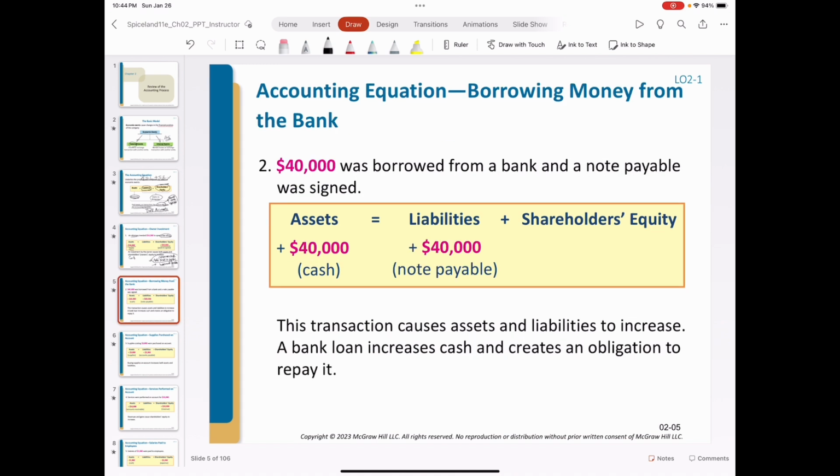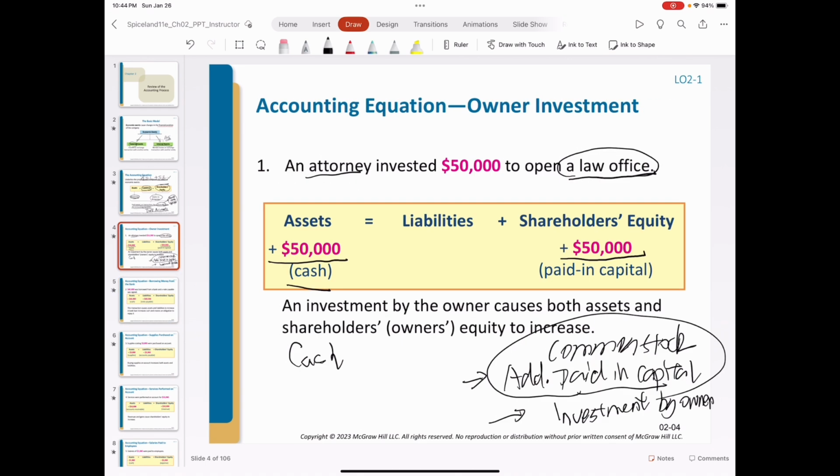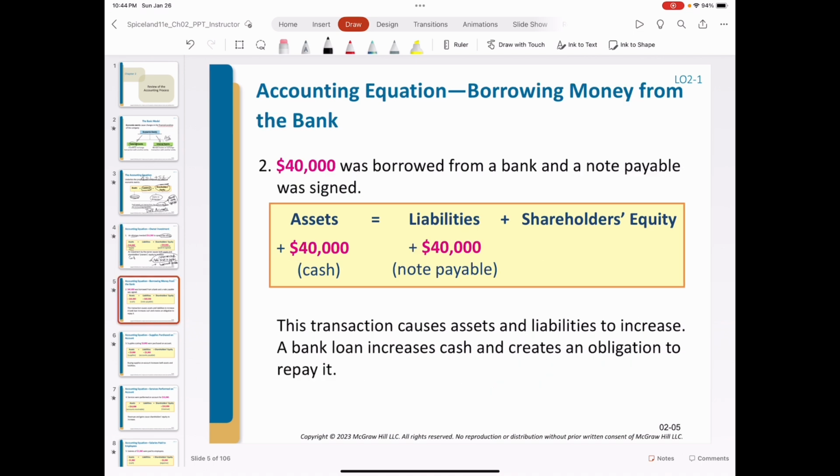Next, $40,000 was borrowed from a bank. This is a transaction between the bank and the law office, not the owner, the attorney. Basically, we know the law office borrowed money from the bank. So the money is an asset, right? So the law office now has an additional $40,000 cash.